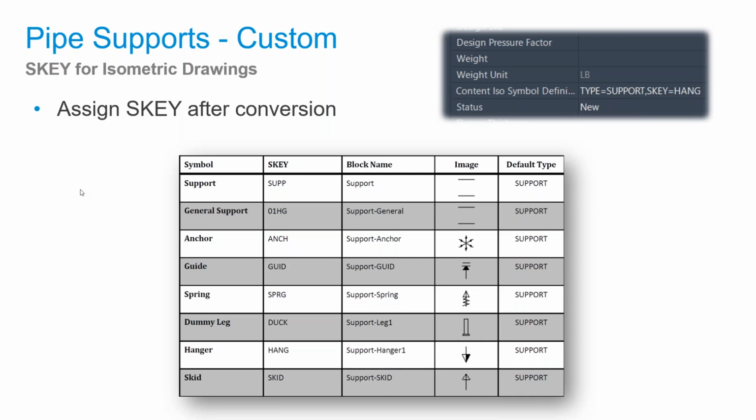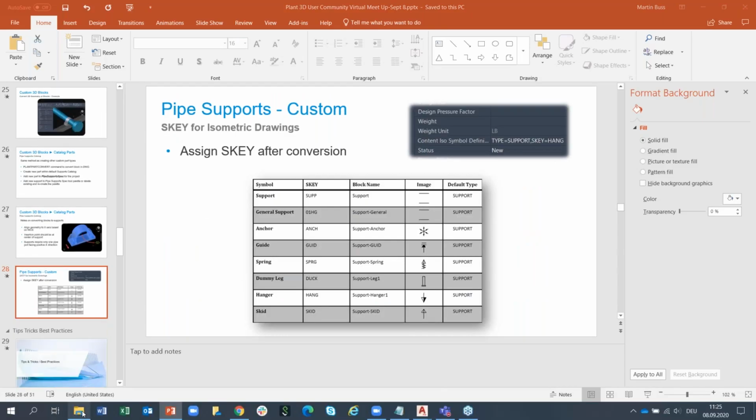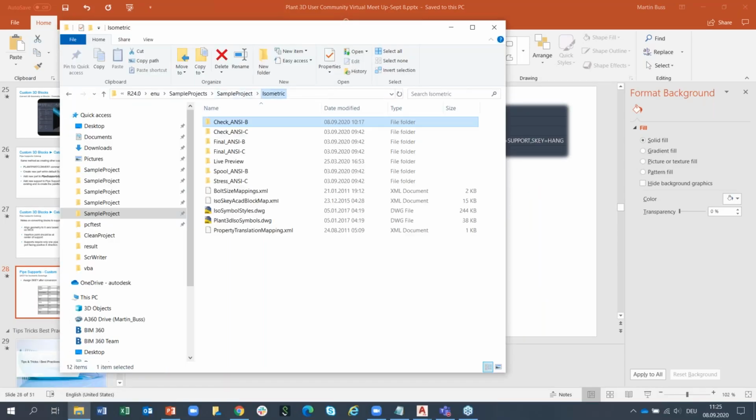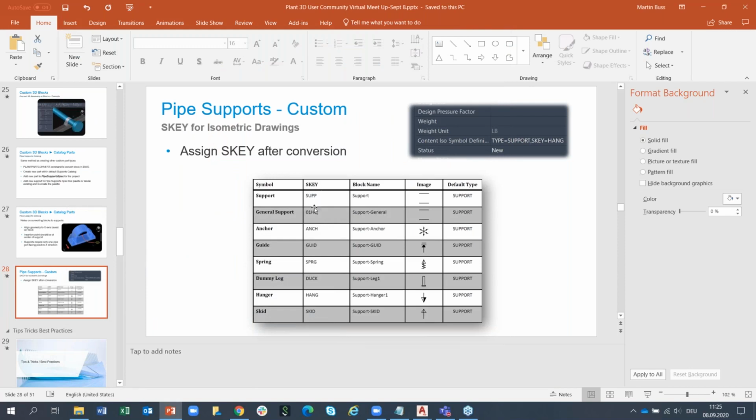But this you can actually adjust in the project symbol styles, where you can create new blocks, and in the ISO folder with the ISO ASCII ACAD block map XML, you can then create a connection between the symbol in the ISO symbol styles and the symbol ASCII.